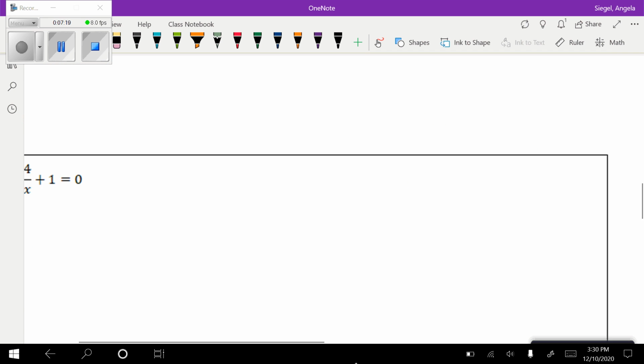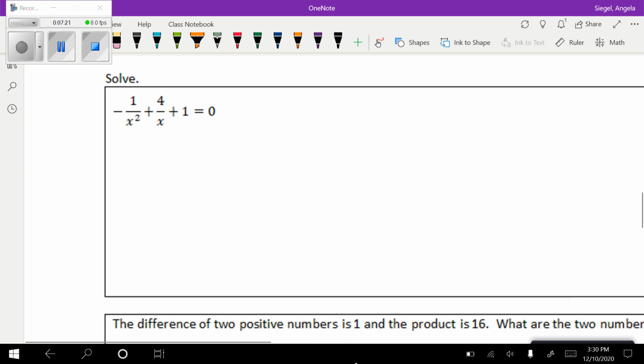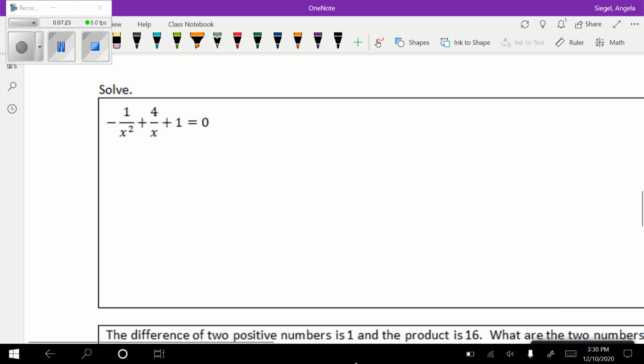Okay, so this one, think back to a couple chapters ago where I want to get rid of these. So I'm going to multiply everything through by the LCM. So our LCM in this case is going to be x squared. So I'm going to multiply each thing by x squared.